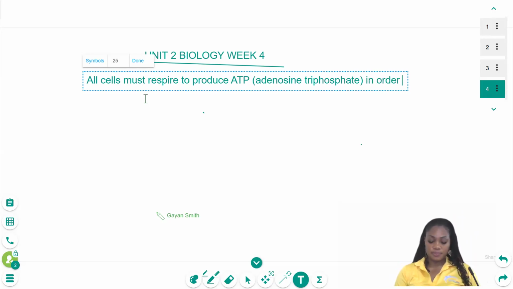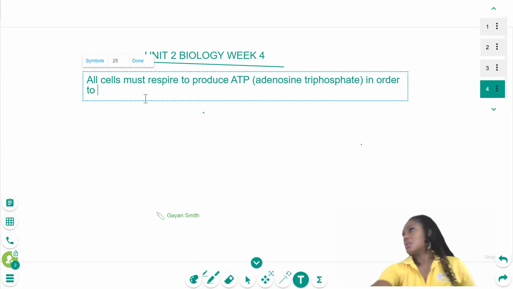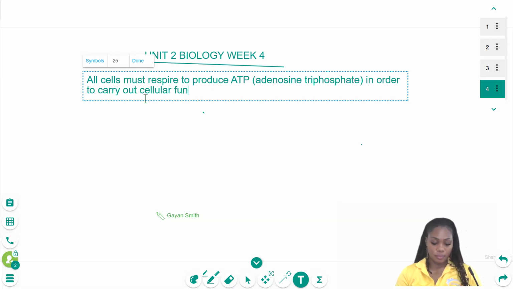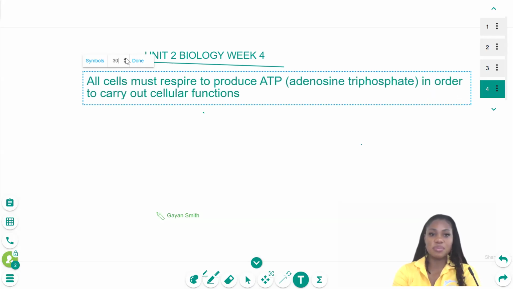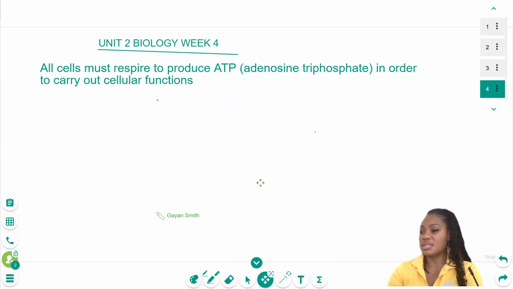In order to carry out cellular functions. So every single cell must be able to do the process of respiration to produce the molecule of ATP, and this allows it to carry out its cellular functions.